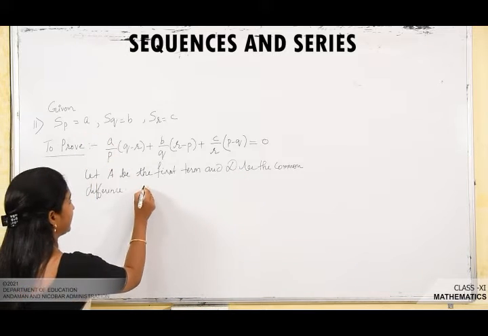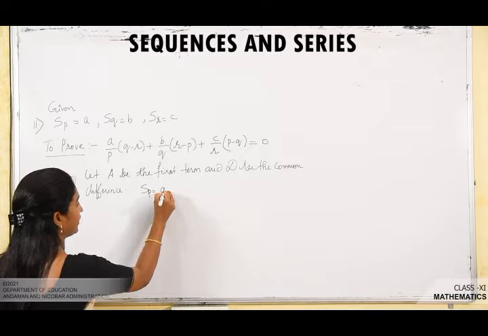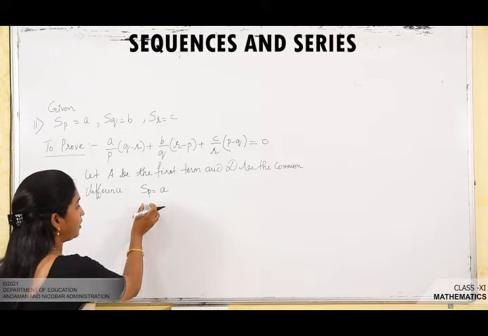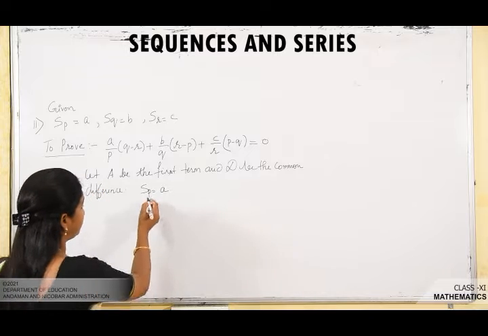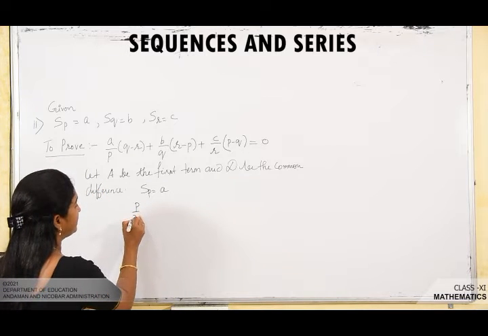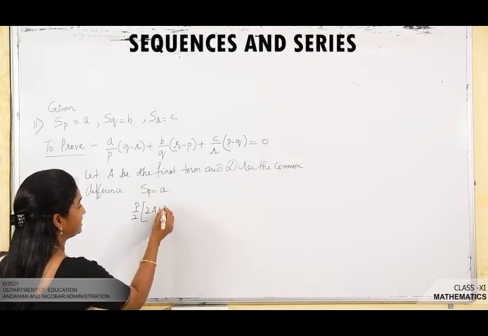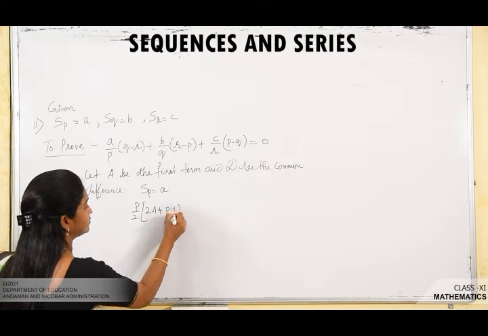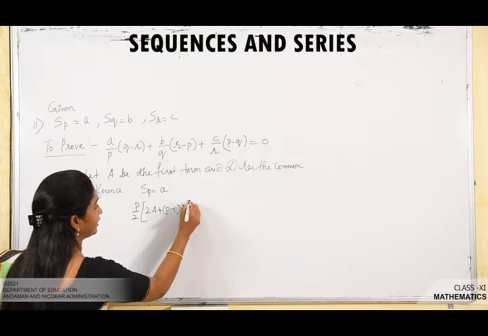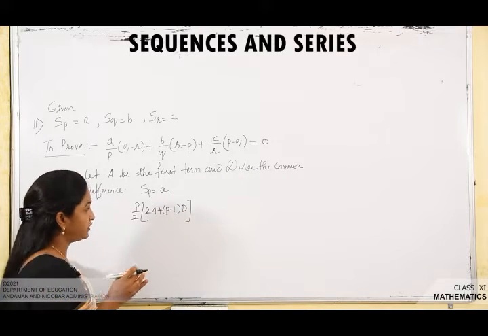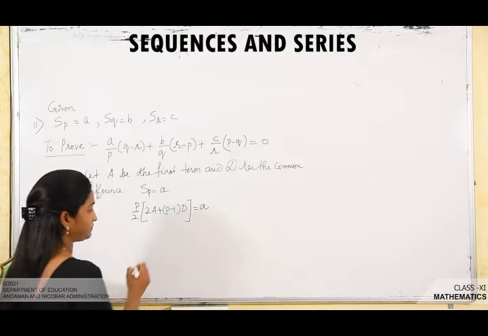So since it is given that SP is equal to A, sum to P terms is your A. So how can you write the formula here? The formula will be P by 2 first term capital A plus N minus 1 means P minus 1. In place of small d, you will write down capital D, because we have taken capital D to be the common difference, is equal to A.